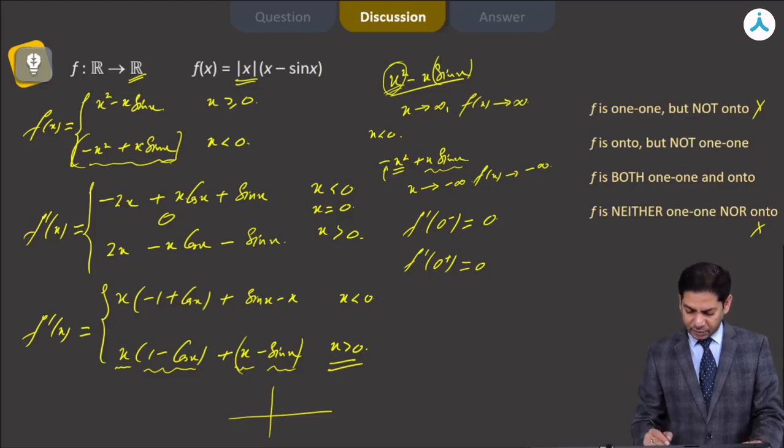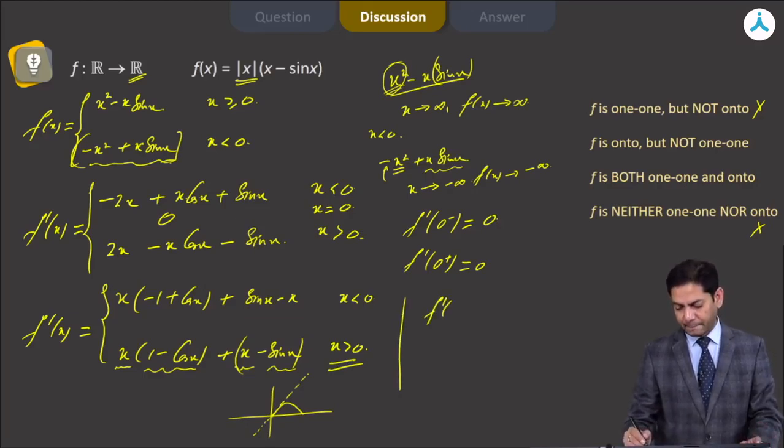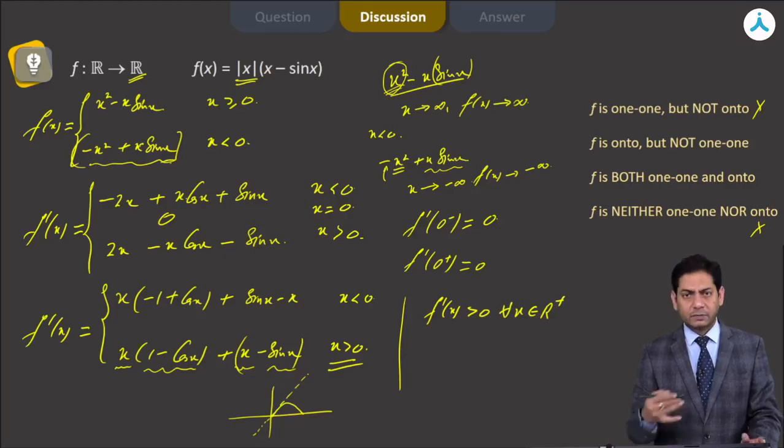For x greater than 0, we can understand it like this. This is the graph of sin x and graph of x goes like this. So x minus sin x is a positive quantity. So for x greater than 0, we can say derivative is positive. Let's write that down here. f dash x is greater than 0 for all x belonging to R positive, 0 to infinity.